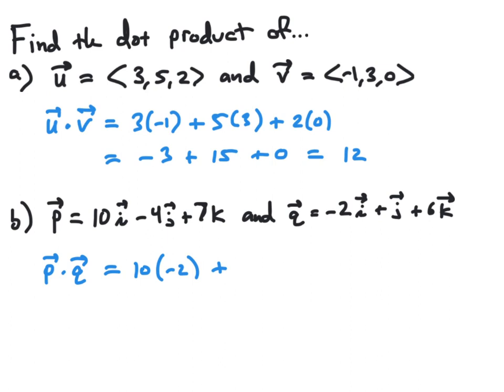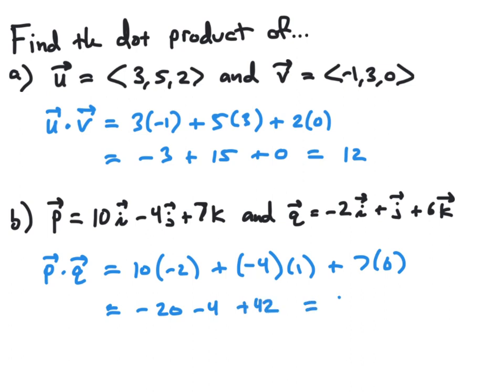We'll add to that the product of the j components, which will be -4 times 1. And we'll add to that the product of the k components, which is 7 times 6. So here we end up with -20 minus 4 plus 42, and this ends up being 18. So our dot product of p times q is going to equal 18.